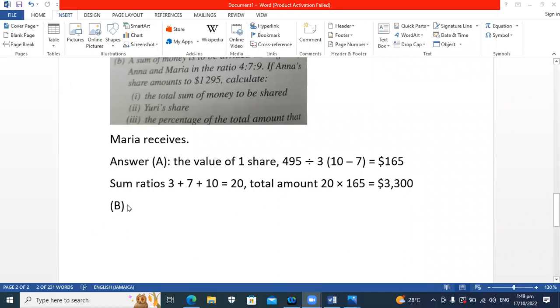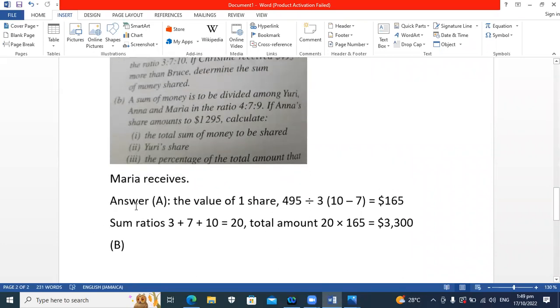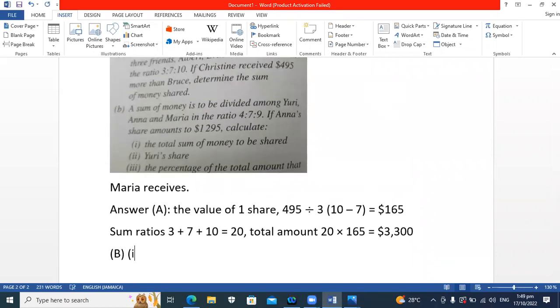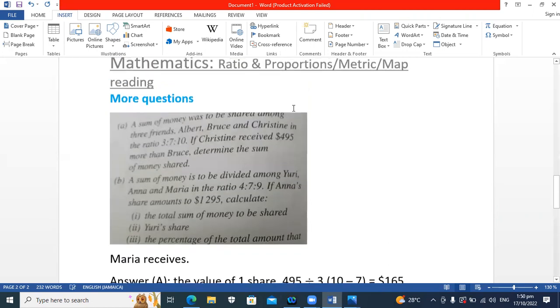Okay, let's look at B. So B, part 1. A sum of money is divided among Yuri, Anna, and Maria in a ratio of 4:7:9. If Anna's share amounts to 12.95, this question is telling us that Anna gets 12.95, which is different from A. A never said that.